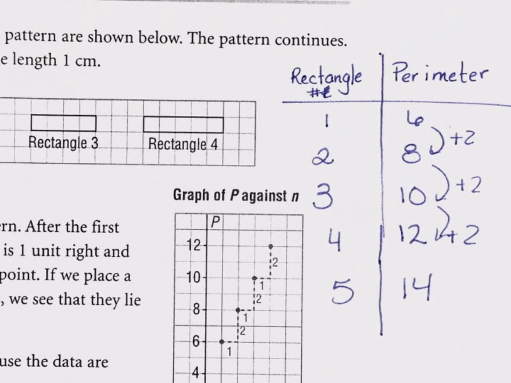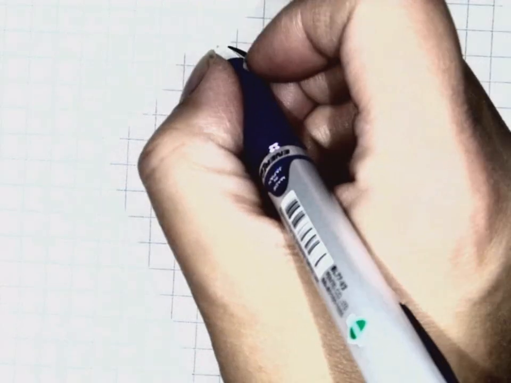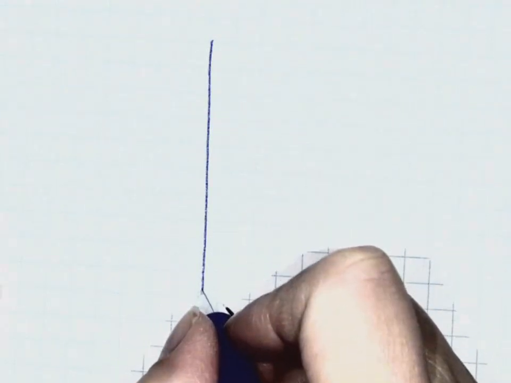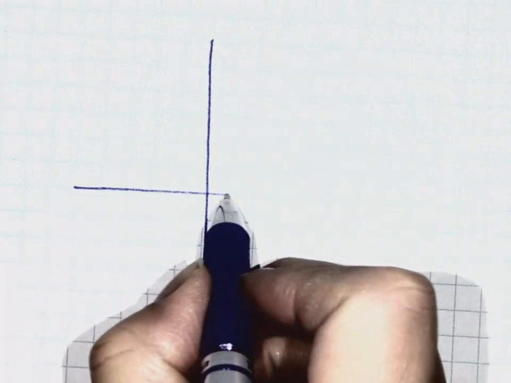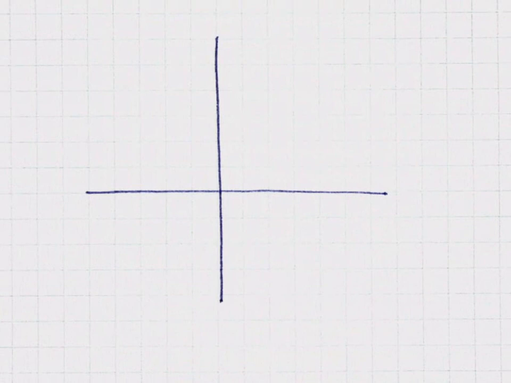Now, do you guys know your x-axis and your y-axis? Okay, so we call that a coordinate plane, and it's super specific.